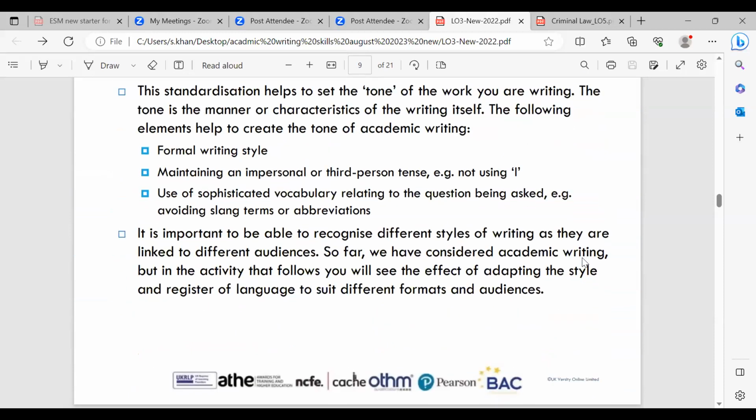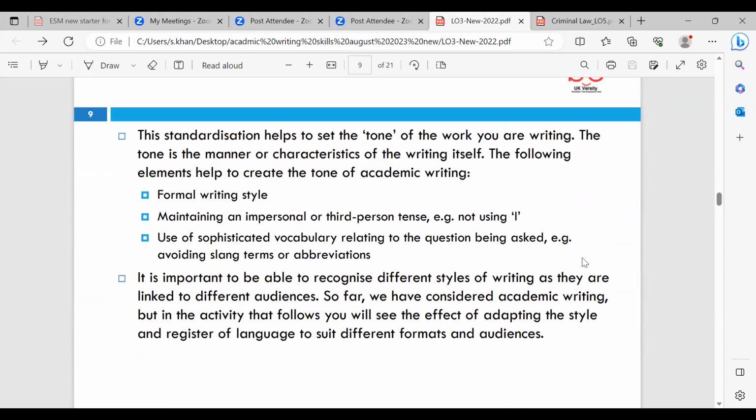The standardization helps to set the tone of the work you are writing. So the tone is the manner or characteristics of the writing itself. The following elements help to create the tone of academic writing: formal writing style, maintaining an impersonal or third person tense, for example not using I, and use of sophisticated vocabulary relating to the question being asked.